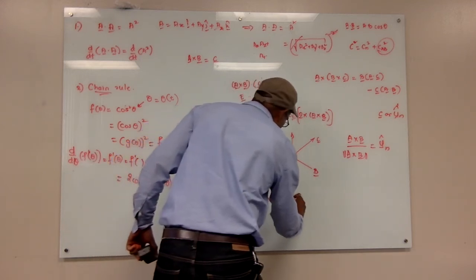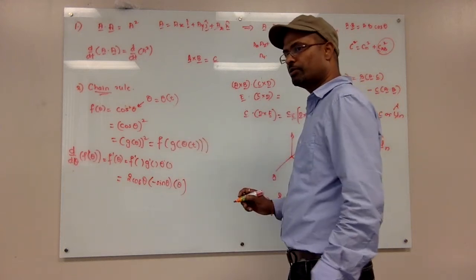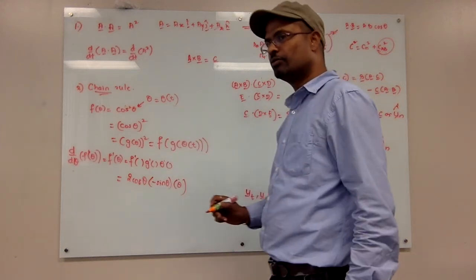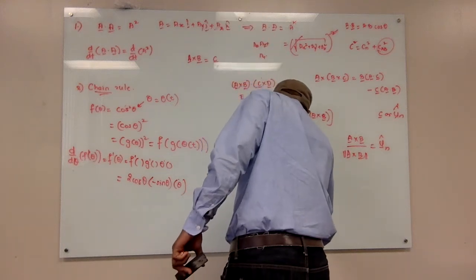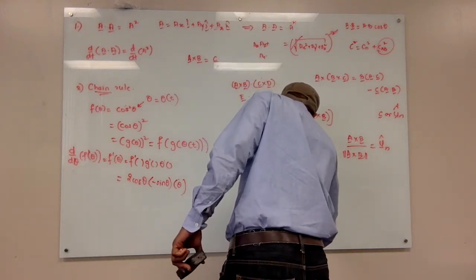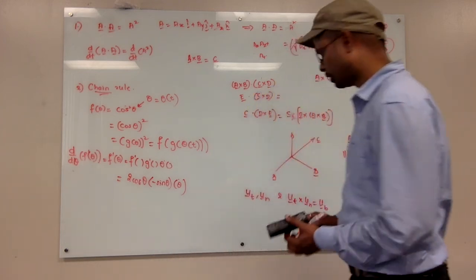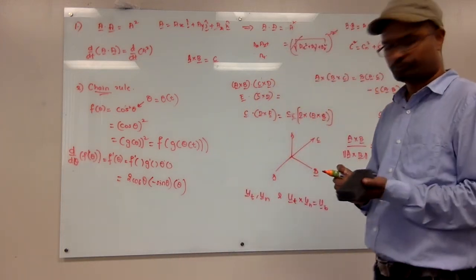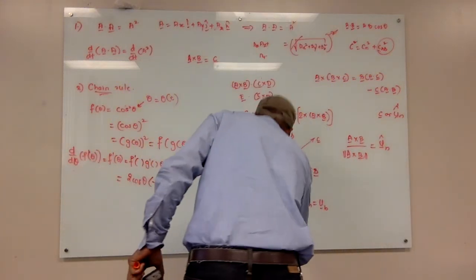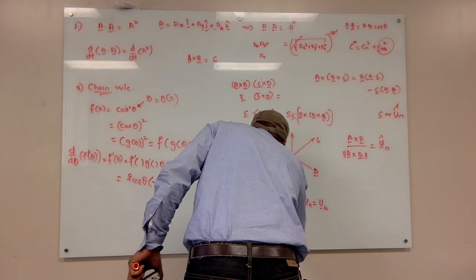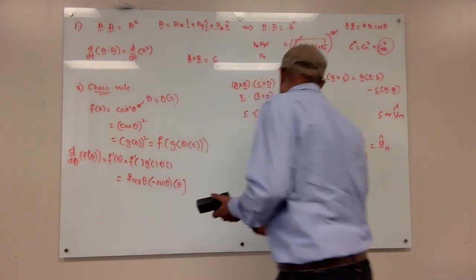What is the relationship given to you? It's UT cross UN is equal to UB. And what are you required to prove? UB cross UT is equal to UN.